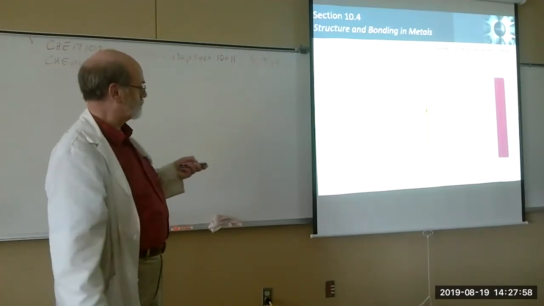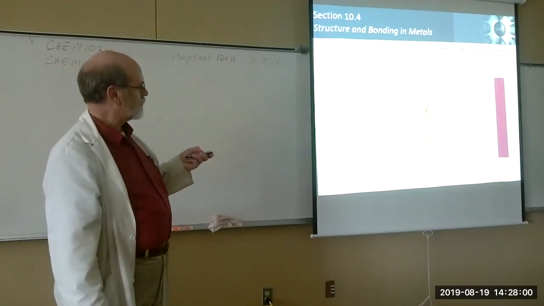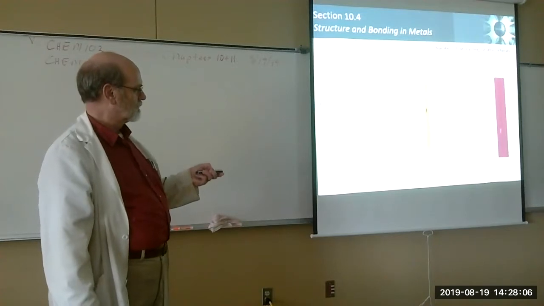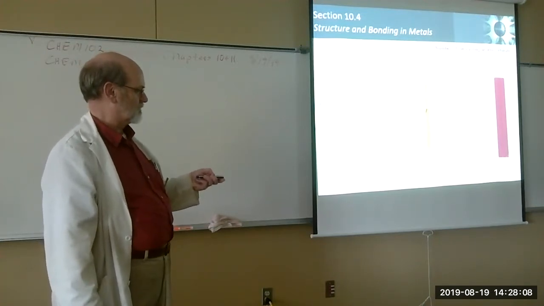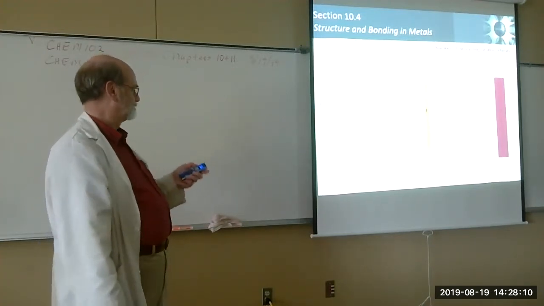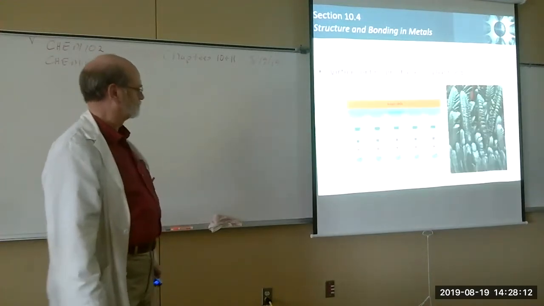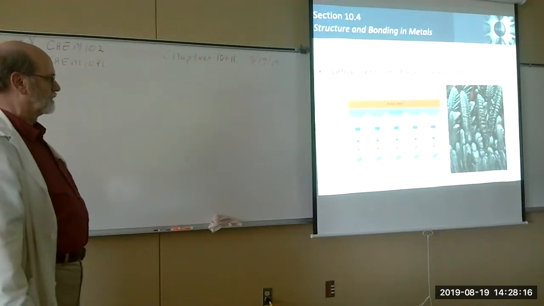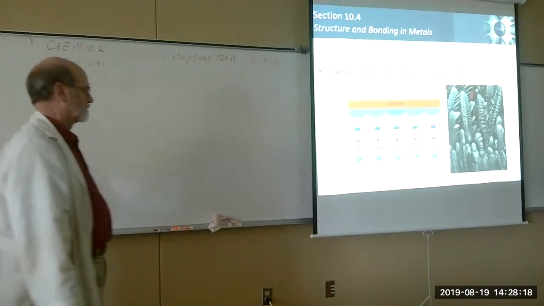This is another way of looking at it. So here's, if you have a mole of atomic orbitals, you get virtually a continuous collection of molecular orbitals. And they call them bands. Right?